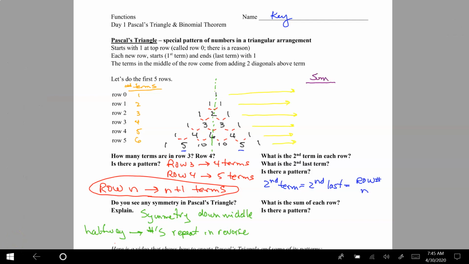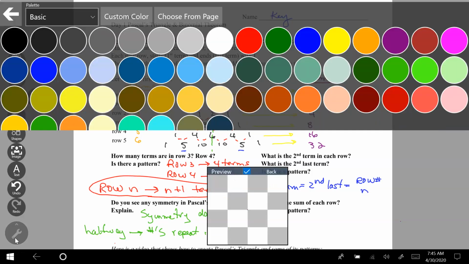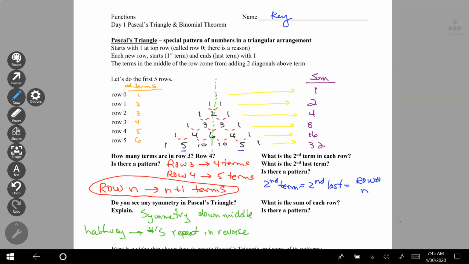And finally, what is the sum of each row? Well, if I look at each row, row 0, the sum is 1. In row 1, the sum of those terms is 2. And then I get 4, 8, 16, 32. Are we seeing a pattern here? Absolutely, we're seeing a pattern here.